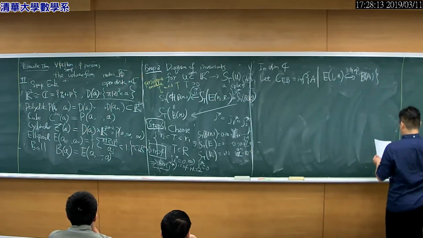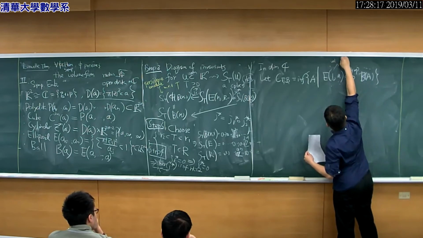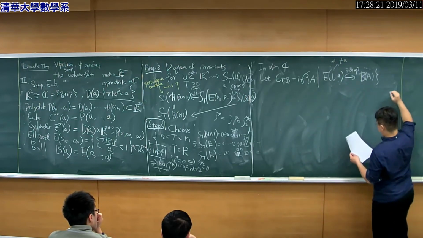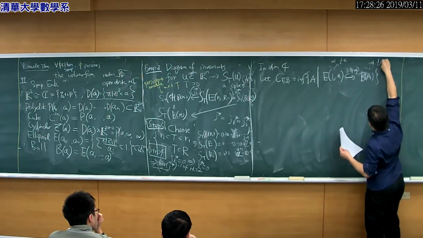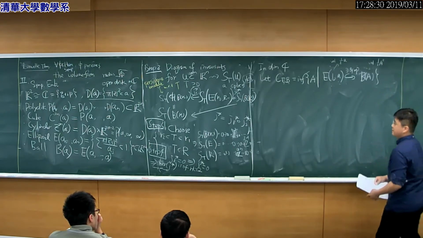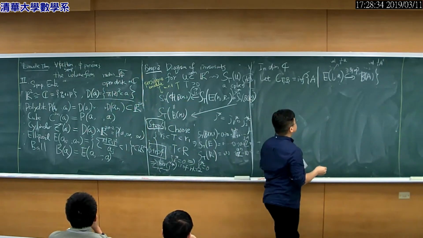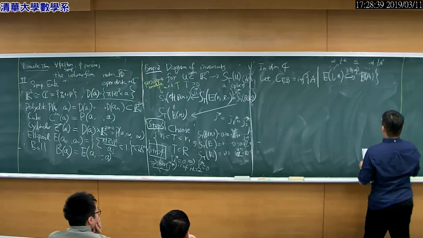Okay. And since this one has volume, right? And this one has a volume. So to have a symplectic embedding, the first thing is the volume constraint.